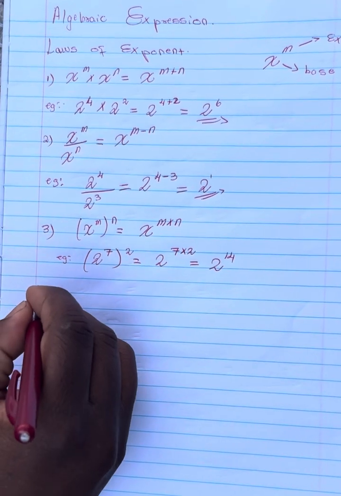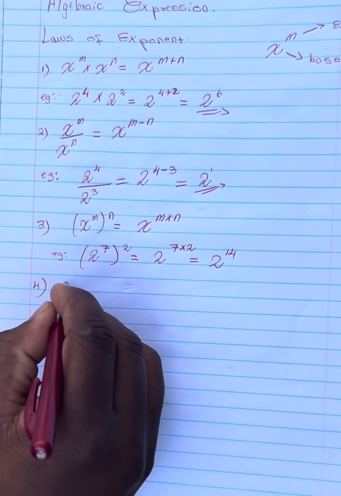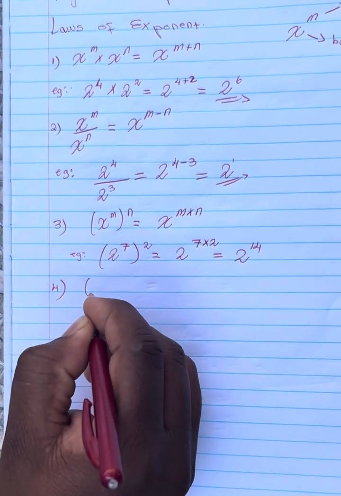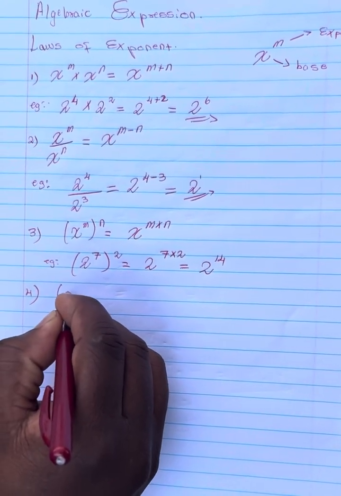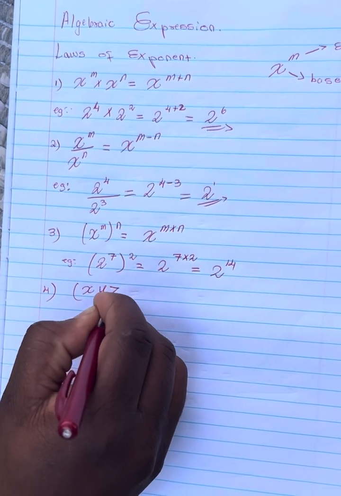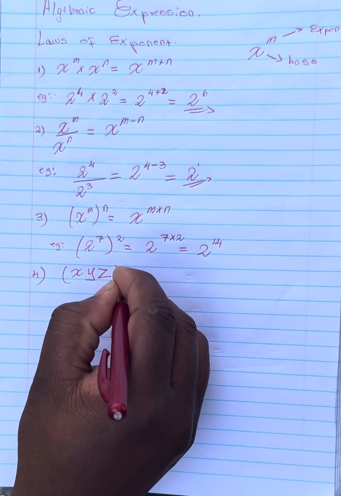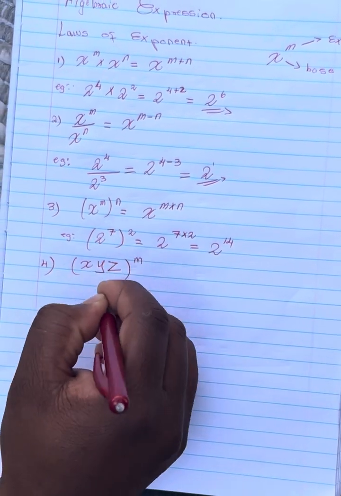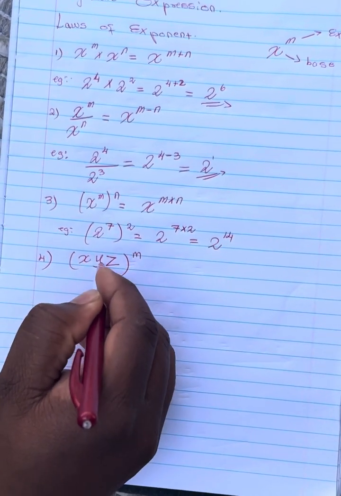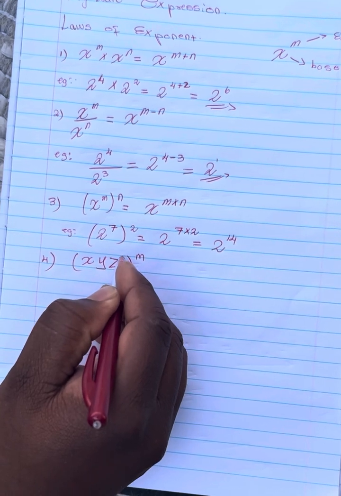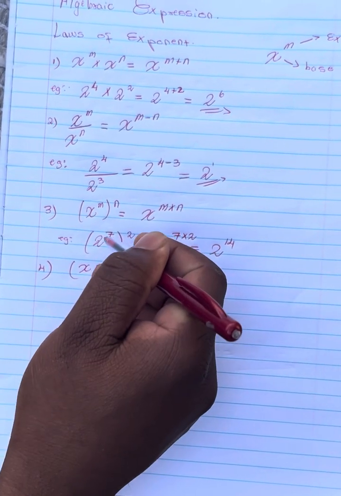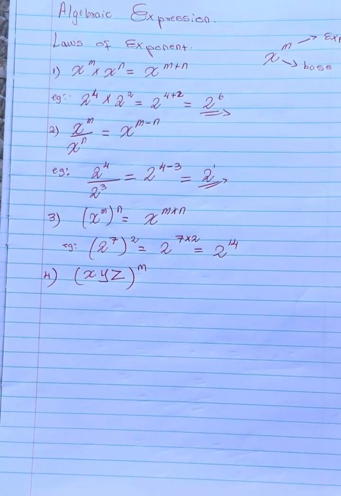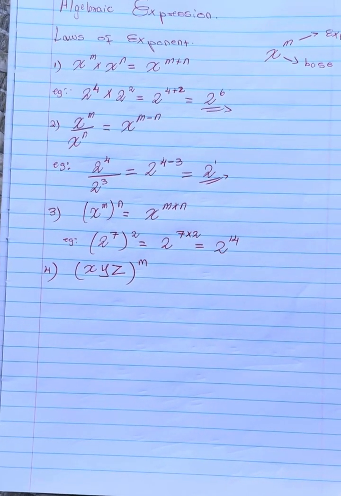Moving on to law number 4. Let's say now you have different bases and they are raised to the same exponent. Let's say you have x, y, and z all raised to the power of m. Because x is in the power of 1 and y is in the power of 1 and z is in the power of 1, we're still going to use law number 3, which says that whenever there's a bracket and the exponent is raised to exponent, we have to multiply everything.